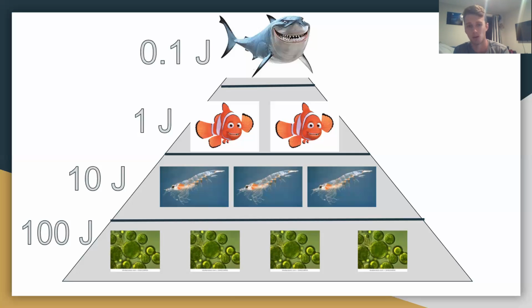Same thing for the next level up, right? Fish that eat these smaller organisms in the ocean, they're only going to get 10% of that level as well. And then you can go all the way up to the sharks. You can kind of understand now why sharks have to eat so much: they can only harness a certain amount of energy from each of the fish that they eat.